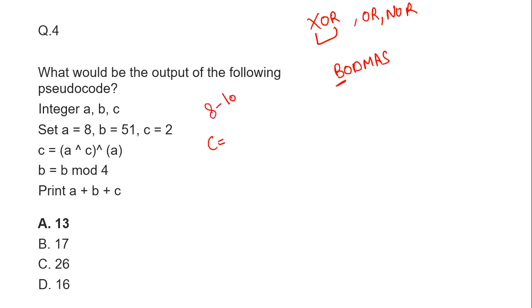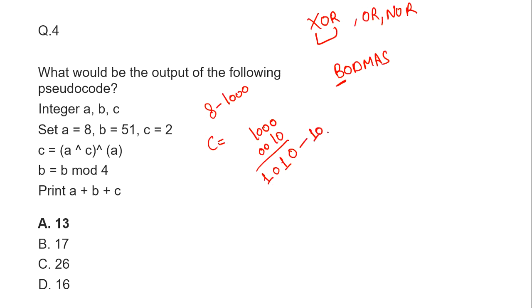It is 1000, right? Now we are XORing it with C. What is the binary value of 2? It is 10, right? So 0 XOR 0 is going to be 0, 0 XOR 1 is going to be 1, 0, and 0 XOR 1 is going to be 1.